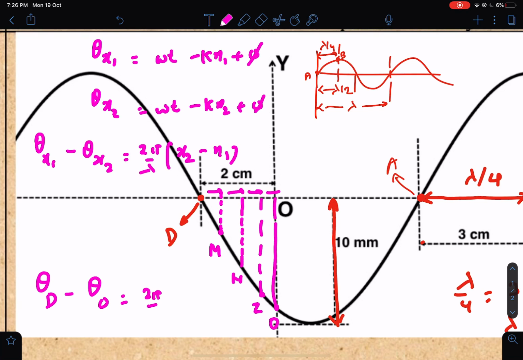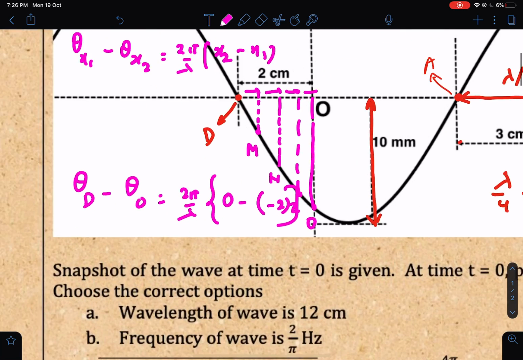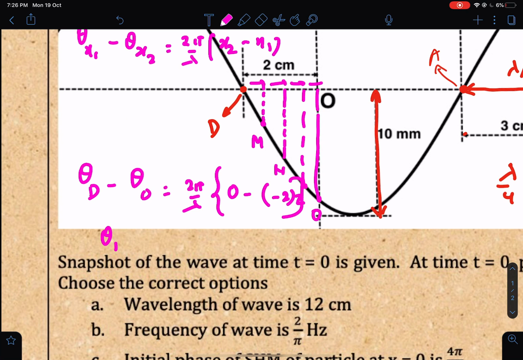So 2 pi by lambda, x2 means particle at O. Particle at O has got x as 0 and particle at D has x of minus 2. So we get phase of oscillation of D minus the phase of oscillation of O as 2 pi by lambda multiplied by 2. Now lambda is given to be 12. So we get this 12 here. So it's like pi by 3.